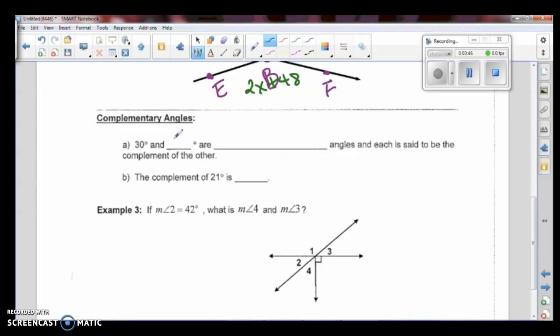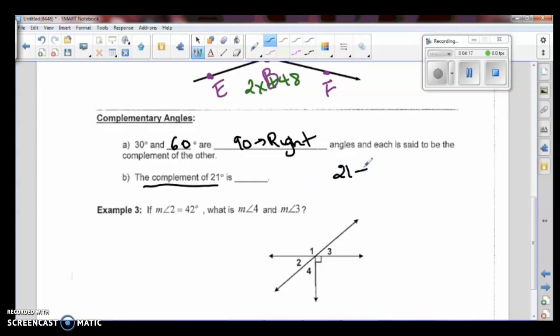Okay. So complementary angles would be 30 and 60 as one example. These are 90-degree right angles when you combine them, and each is said to be the complement of the other. Now, 30 and 60 themselves are not right angles. What I mean by that is that together they make up a right angle.